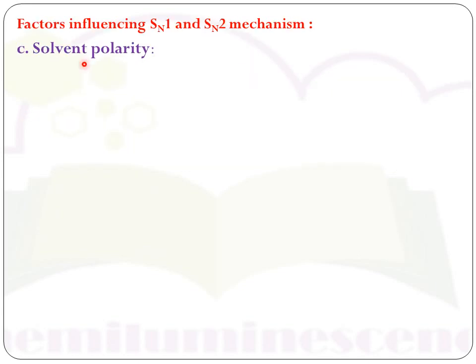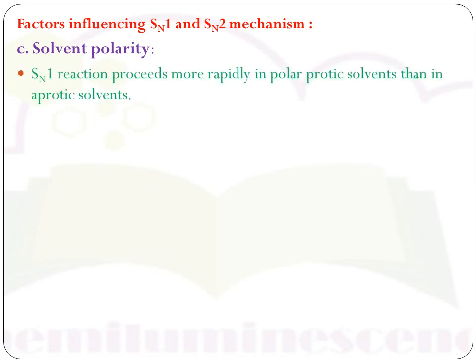The next factor is solvent polarity. The SN1 mechanism proceeds through formation of a carbocation intermediate. A good ionizing solvent or polar solvent stabilizes the ions by solvation, mainly the anion, by forming hydrogen bonds. Thus, the SN1 reaction proceeds more rapidly in a polar protic solvent than in an aprotic solvent.